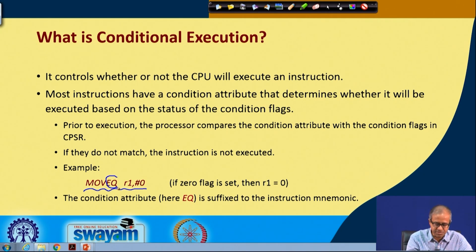If you do not use this EQ, just imagine EQ is not there, then MOV R1, #0 means R1 is initialized to 0. Now, if I give this MOVEQ, this means I am checking the zero flag in the CPSR. It says if the zero flag is set, which means the equal condition is true, then only you do the move, otherwise you do not do the move. So, this instruction will be executed depending on a certain condition.